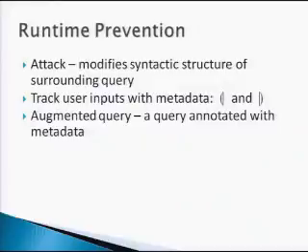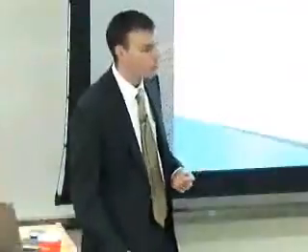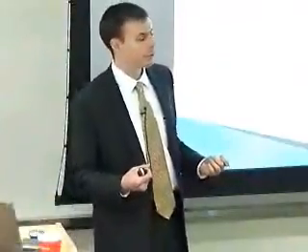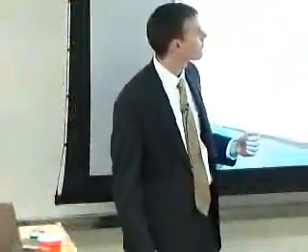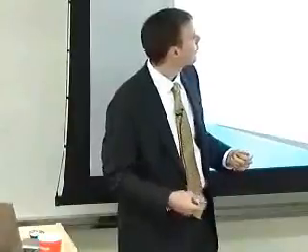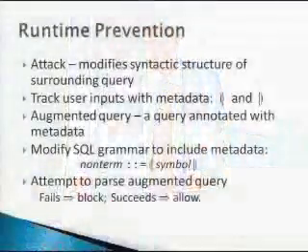Okay. So in order to check at runtime, the first thing we need to know is which part of the query came from the user. So we're going to use these metadata delimiters to track the input through, which I'll denote with those two symbols. And so we'll just pop them on there at the input site. And then the application will construct what we'll call an augmented query, augmented because it has these delimiters in it.